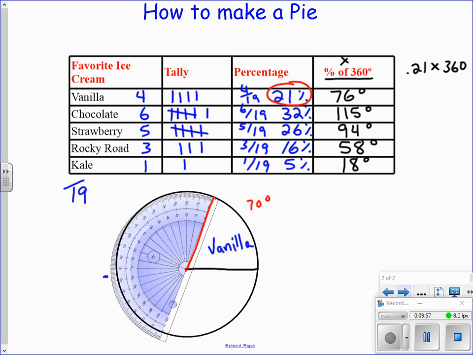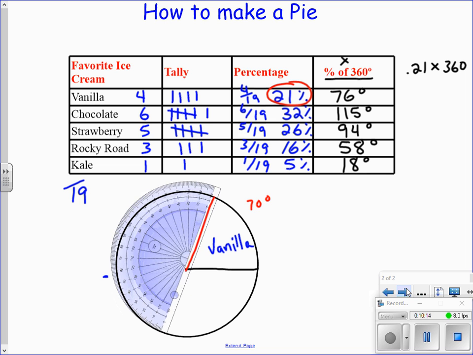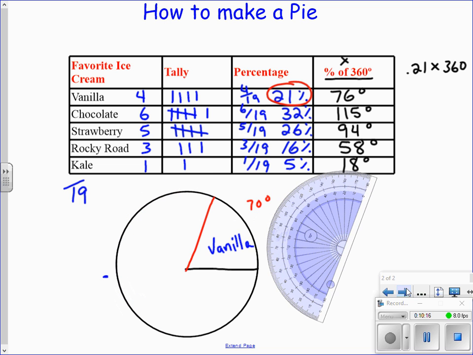And on here, it looks like it's right around where that arrow is. So where that blue line is, about 115 degrees. I put a little mark there because I need to move the protractor out of my way. It won't let me draw on here with it in the way. So I'll just move that. And this chunk is 115 degrees, and that represents chocolate.